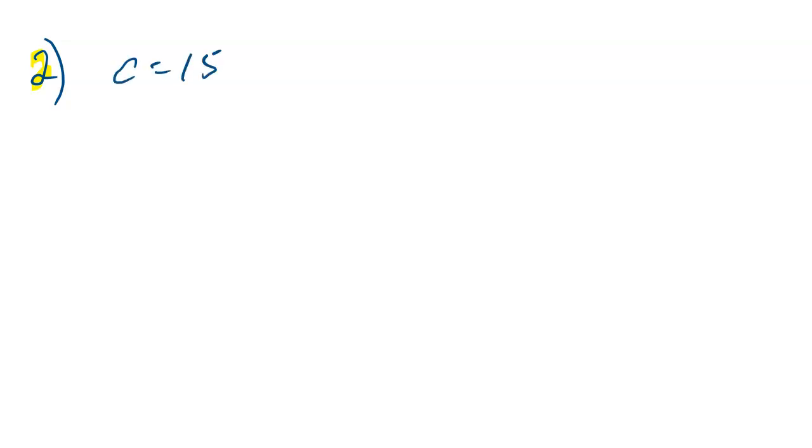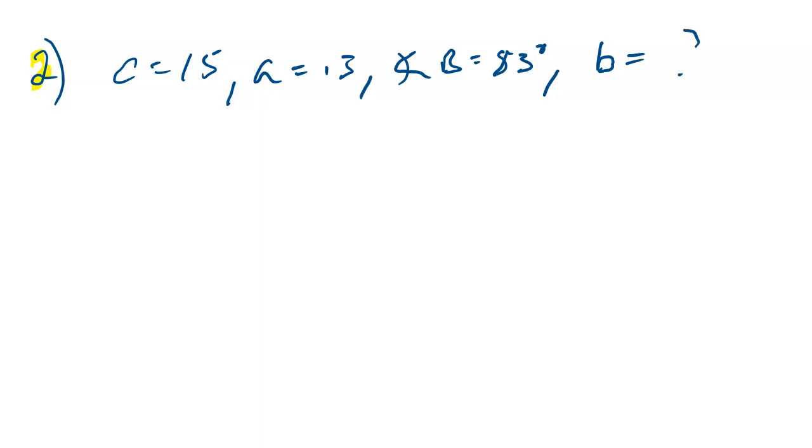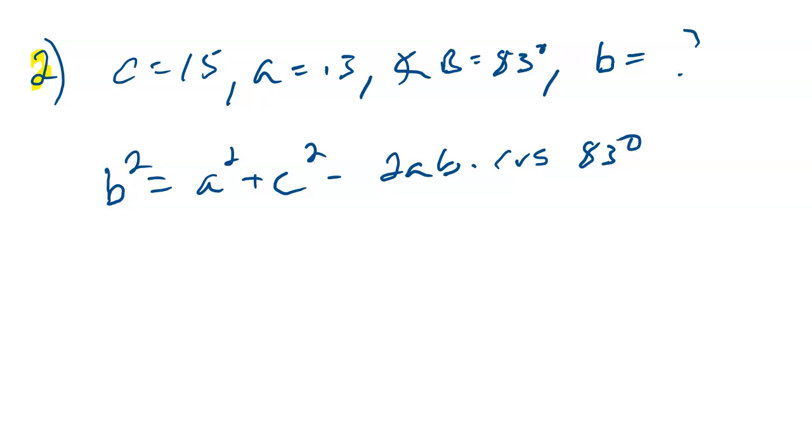Let's see. C is equal to 15 and A is equal to 13 and angle B is equal to 83. This is exactly the same as the last one. B is equal to question mark. So I'm just going to jump into that formula. B squared is equal to A squared plus C squared minus 2AC times cosine of 83 degrees.